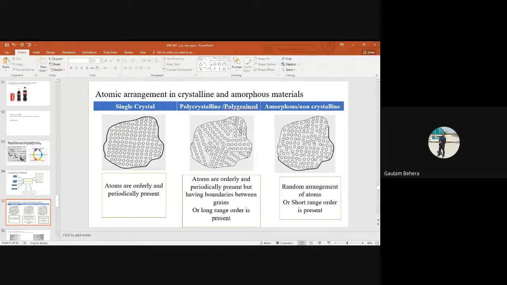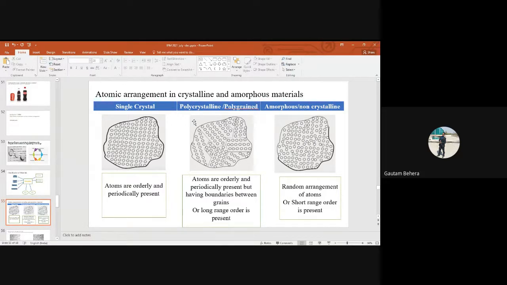This grain orientation is different from this grain orientation. So orientation of what? You can see the orientation of atoms. In this particular grain, for example, the orientation of atoms is like this, in a vertical way. But here, the orientation is like this, right? So due to the difference in orientation between two grains, there will be an interface. That interface is called a grain boundary. Fine.